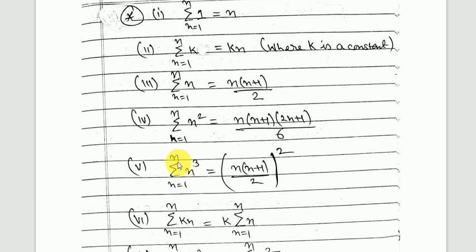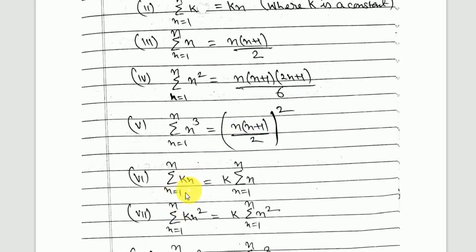Summation n equal to 1 to n of n cube, you will get n into n plus 1 upon 2 whole square. Summation of kn from n equal to 1 to n, you will get this: k will come out as common.